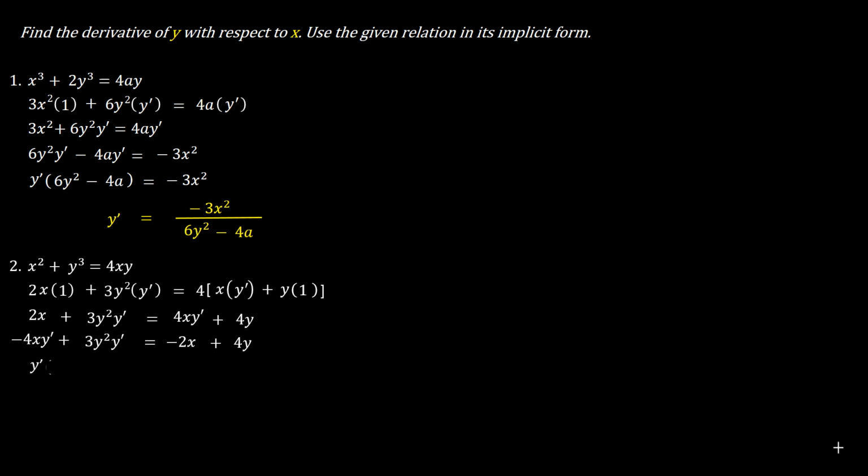Therefore, the coefficient of y prime is negative 4x plus 3y squared, which is equal to negative 2x plus 4y. Divide the entire equation by the coefficient of y prime. Therefore, y prime, or the derivative of y with respect to x, is equal to negative 2x plus 4y all over negative 4x plus 3y squared.